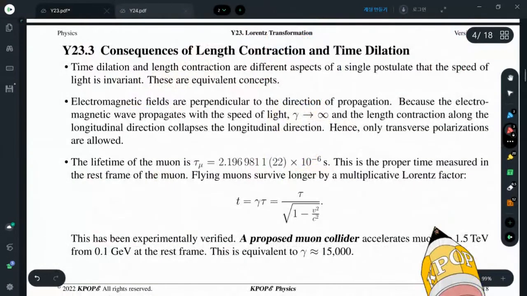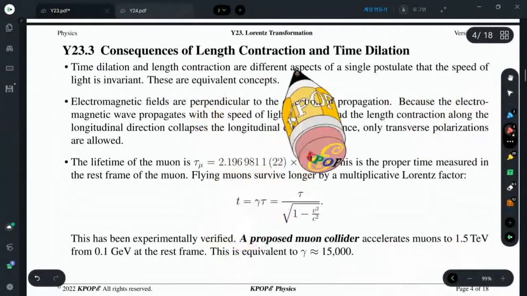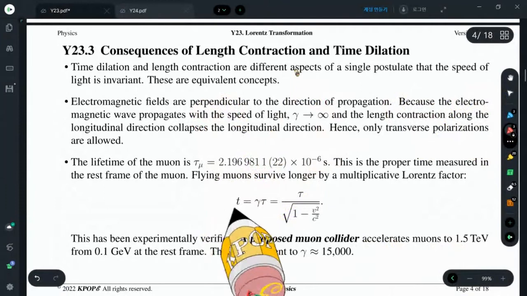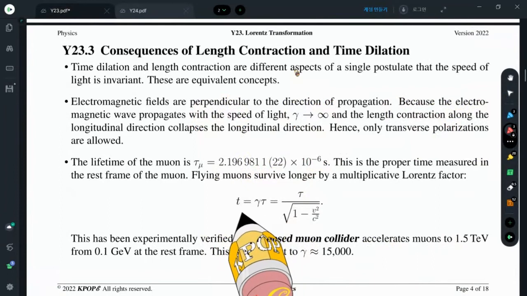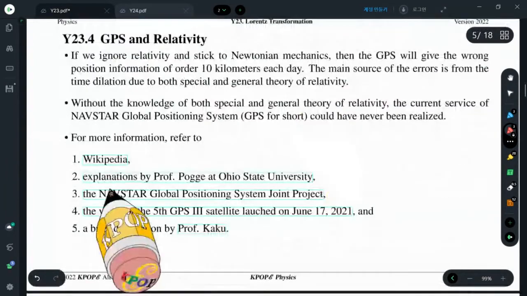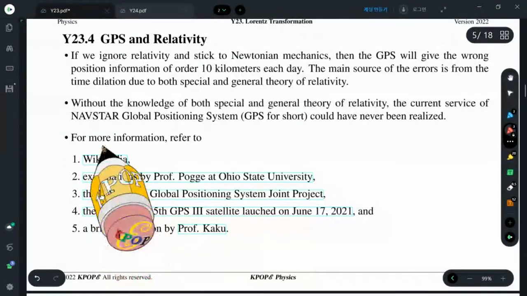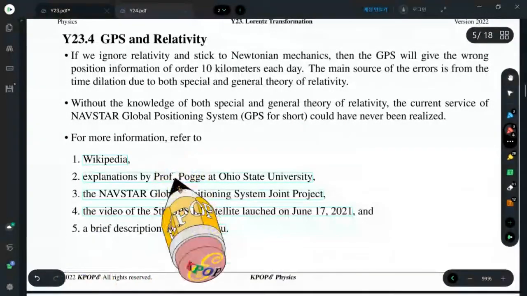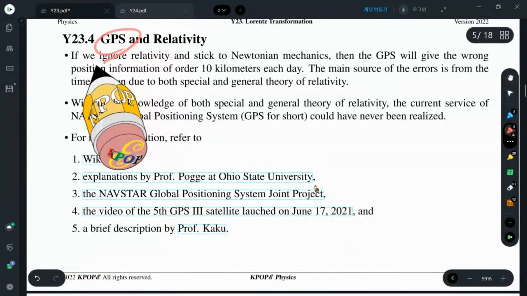The consequences of length contraction and time dilation are many. And the time dilation is not a fake, it is experimentally measured. And you can click the links and you will find very interesting information regarding GPS.